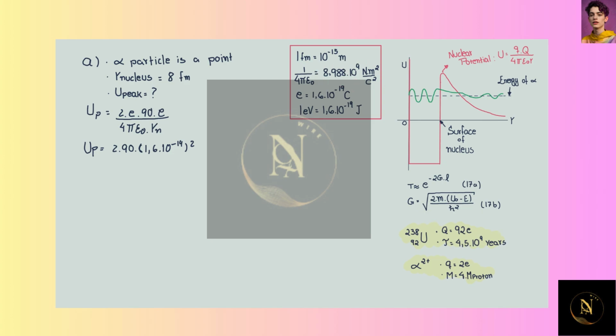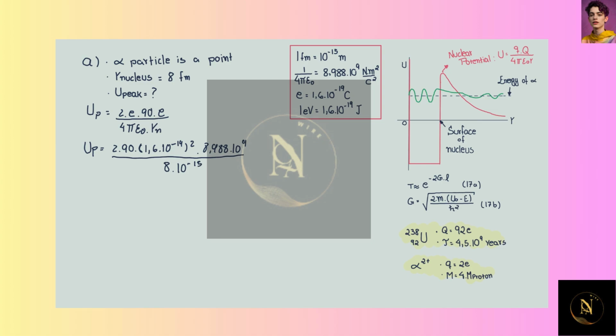So instead, we multiply it by this value, which is equal to 1 divided by 4 times pi times epsilon 0. So here we have times 8.988 times 10 to the 9. And finally, we have to divide by the radius of the nucleus, which is given by 8 femtometers. Each femtometer is equal to 10 to the minus 15 meters.